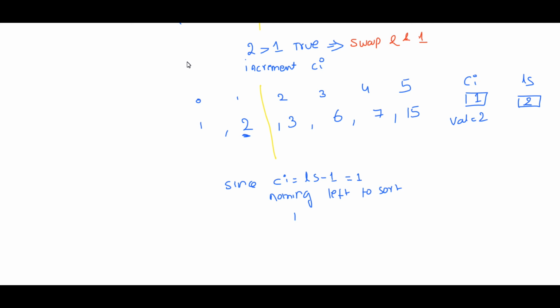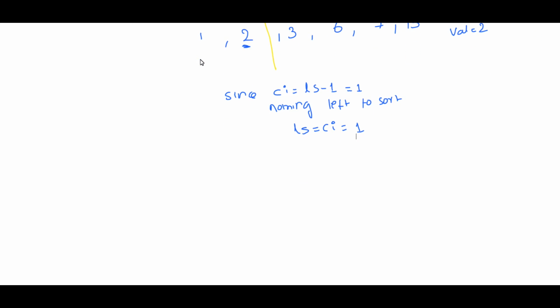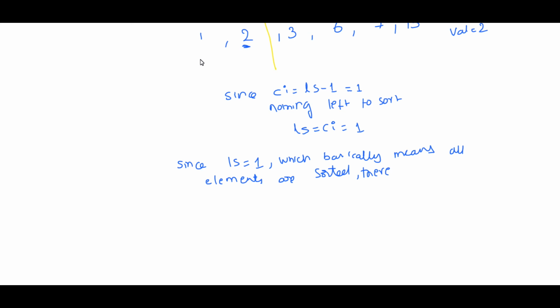I mean at this point ls is equal to CI, which is equal to 1, and since there's nothing left to sort, and since ls is equal to 1, which basically means sorted, there is nothing left.